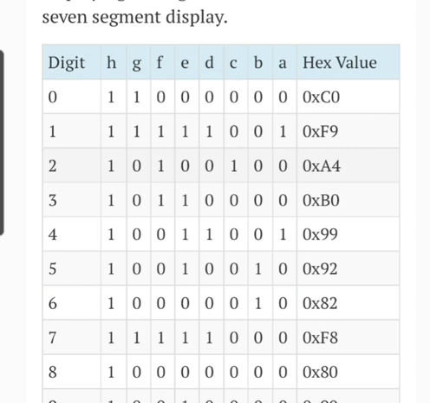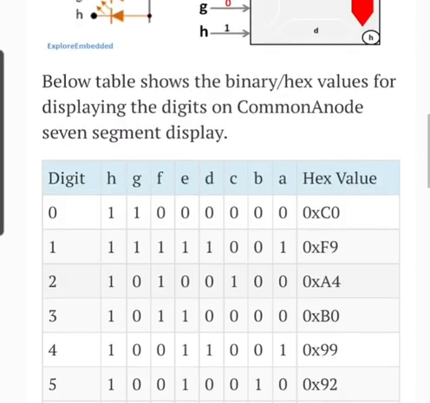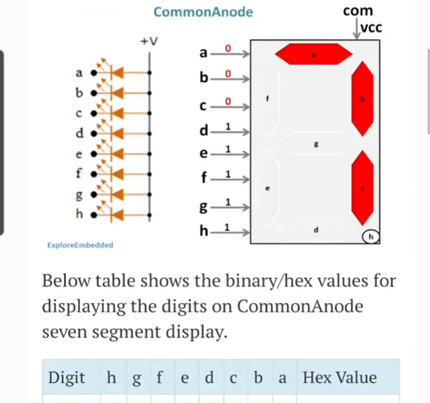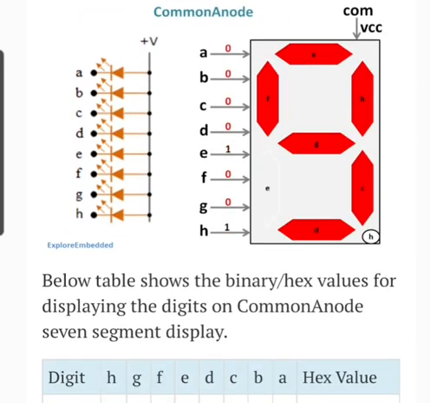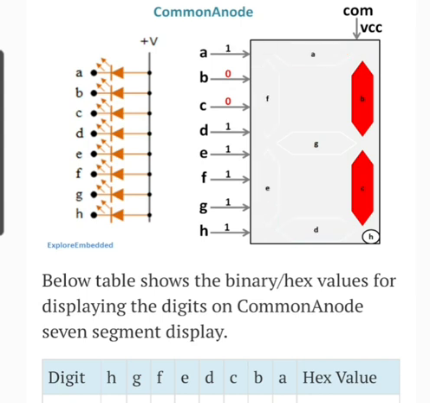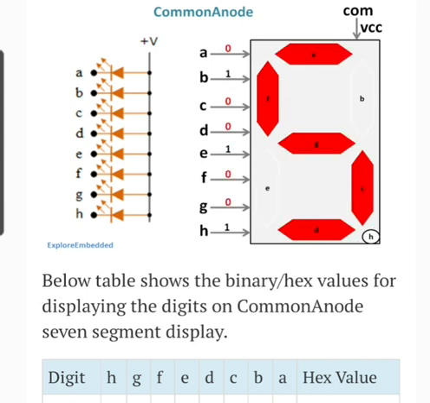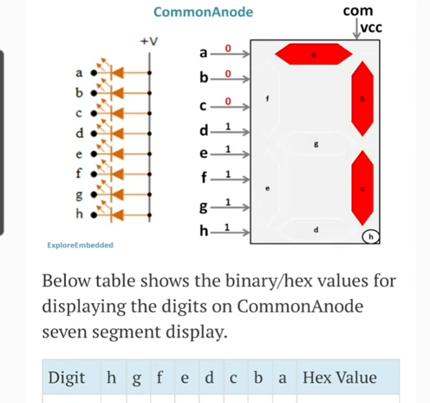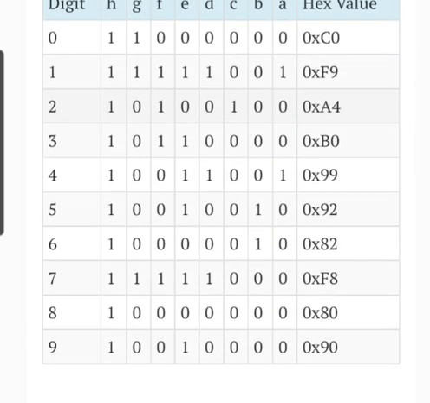Similarly, all the remaining digits, 1 to 9, are also shown. This diagram shows which values are 0 and which are 1. Hex values for all the digits are also given here.